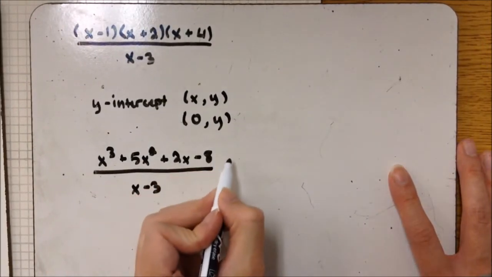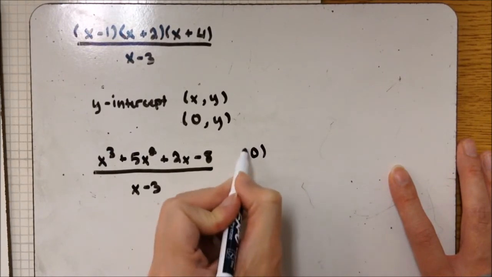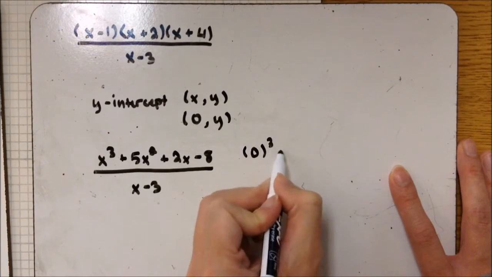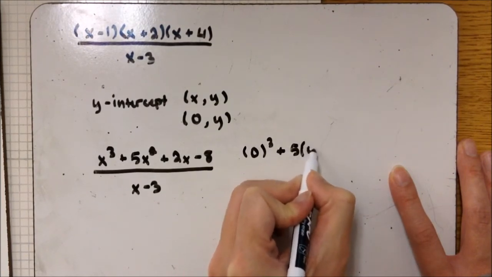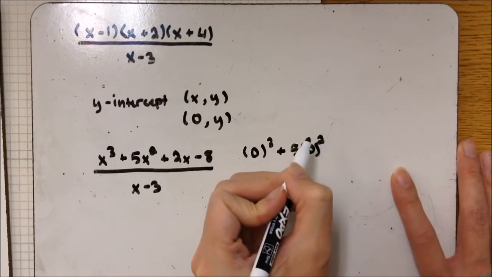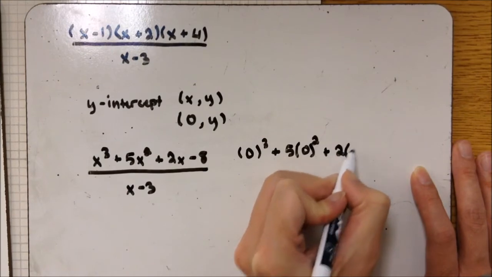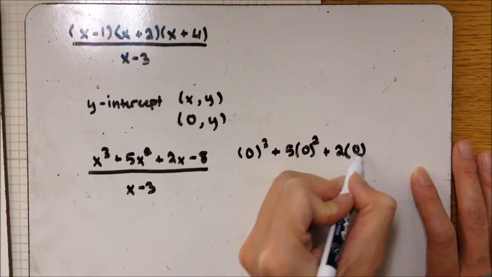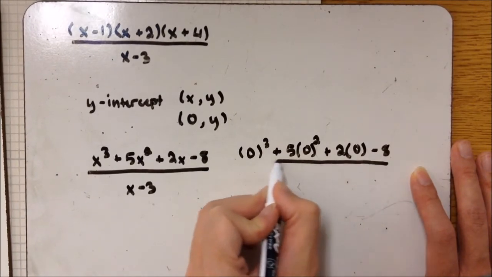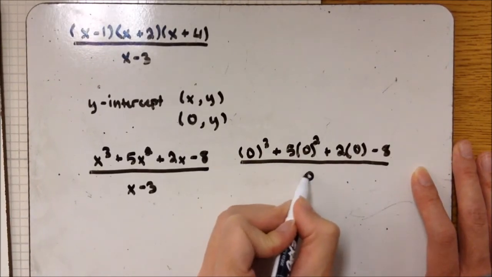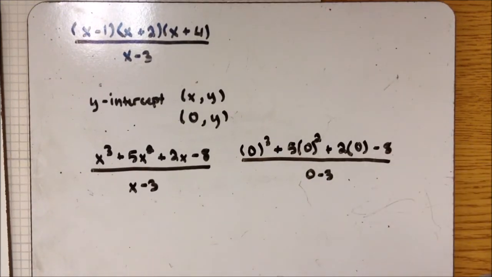So I'm going to put 0 to the third power plus 5 times 0 squared plus 2 times 0 minus 8, over 0 minus 3. Again, all I did was plug 0 into all the x's.